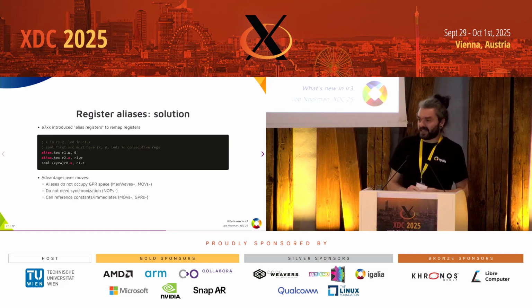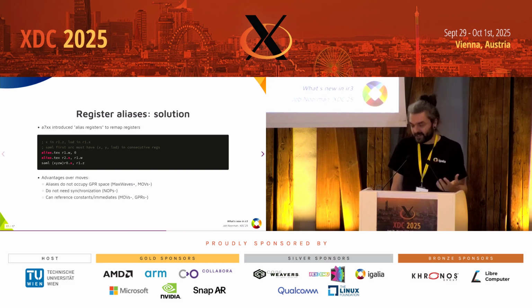Instead of actually having to allocate values into a consecutive GPR space, we can allocate them any way we want, and then before executing the sample instruction, build an alias table that maps virtual GPRs into real GPRs, or even into immediate values or values in constant registers.